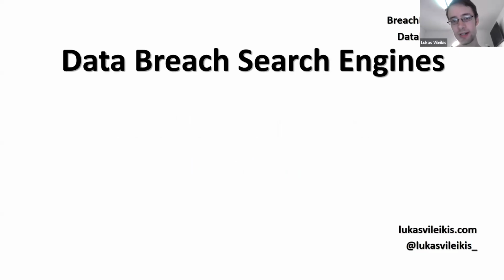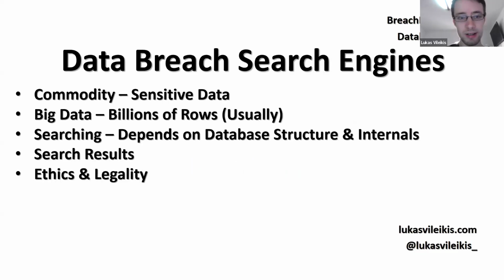As far as data breach search engines go, they usually have billions of rows within their database, within their reserve, so to say. The ways they search through data directly depend on database structure and internal details. We're going to go through that as well.